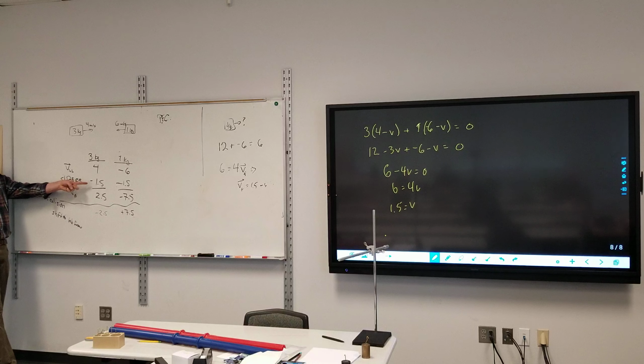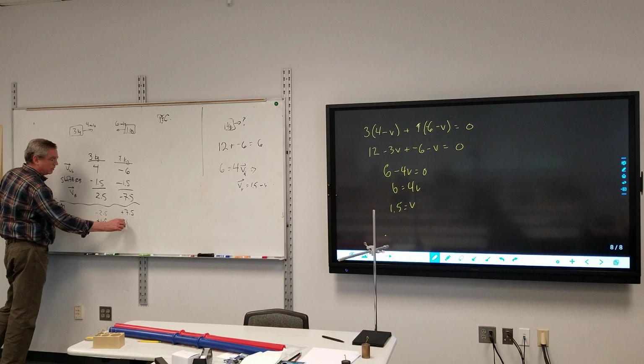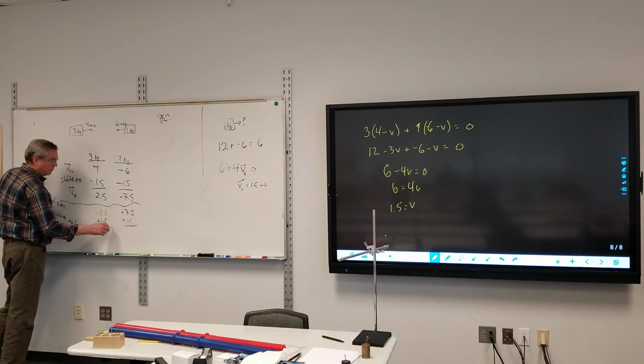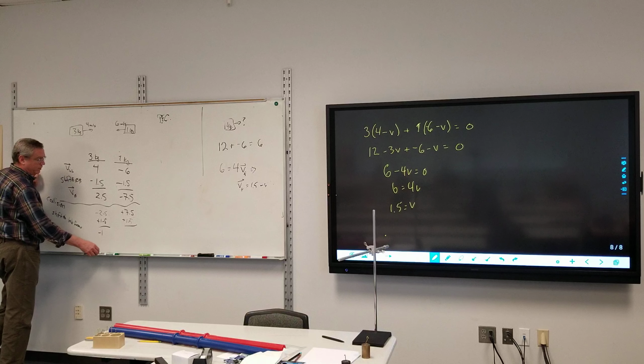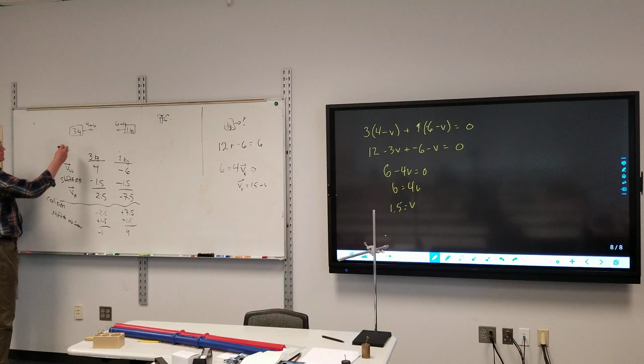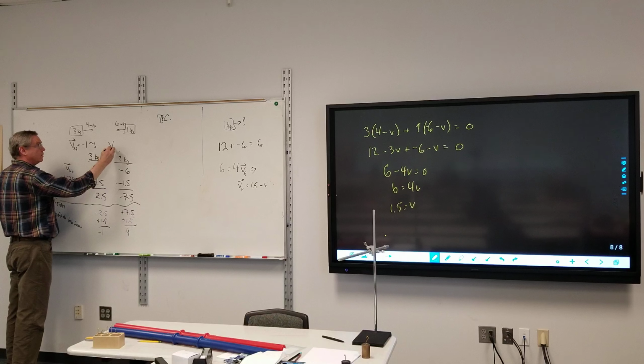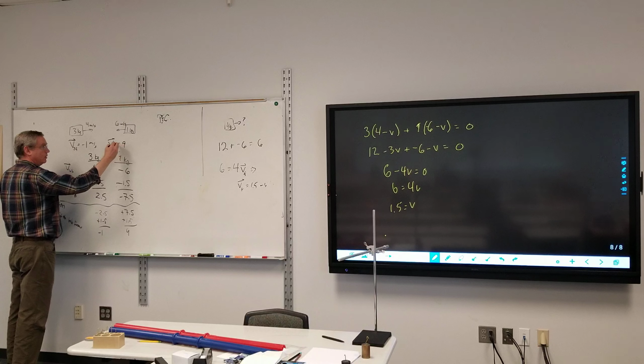So I subtracted 1.5 before, I add 1.5 to get out of it, and end up with negative 1 and 9. So V3 final is negative 1 meter per second, and V1 final is 9 meters per second.